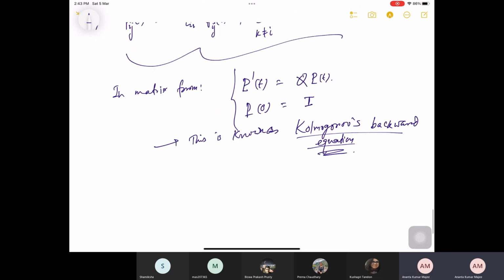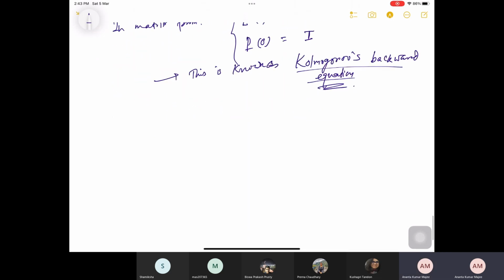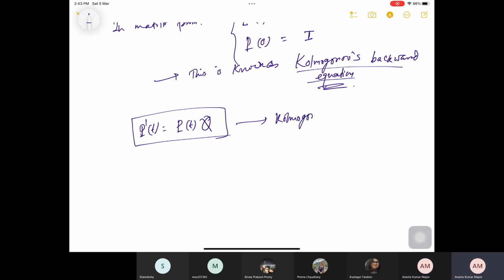So now Kolmogorov's forward equation, what it says is that P prime t is equal to, I can also write down P prime t as Pt of Q. Okay, this is called Kolmogorov's forward equation, sorry, forward equation, because Pt is on the left.